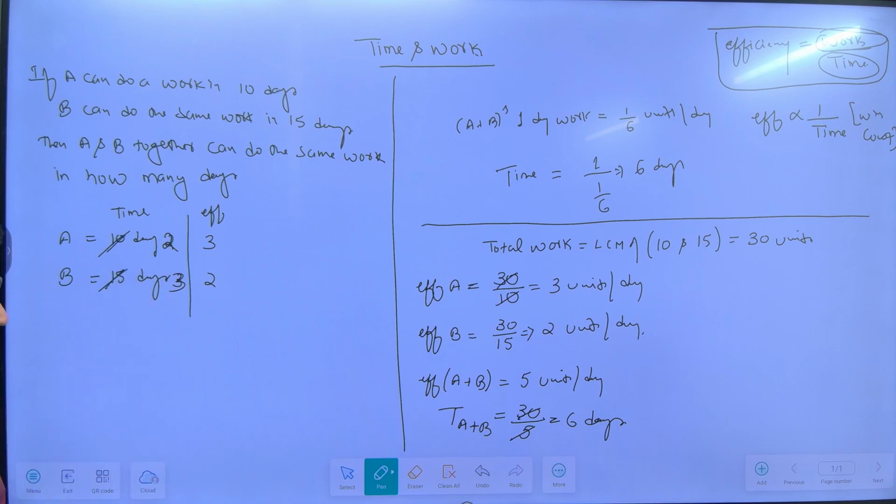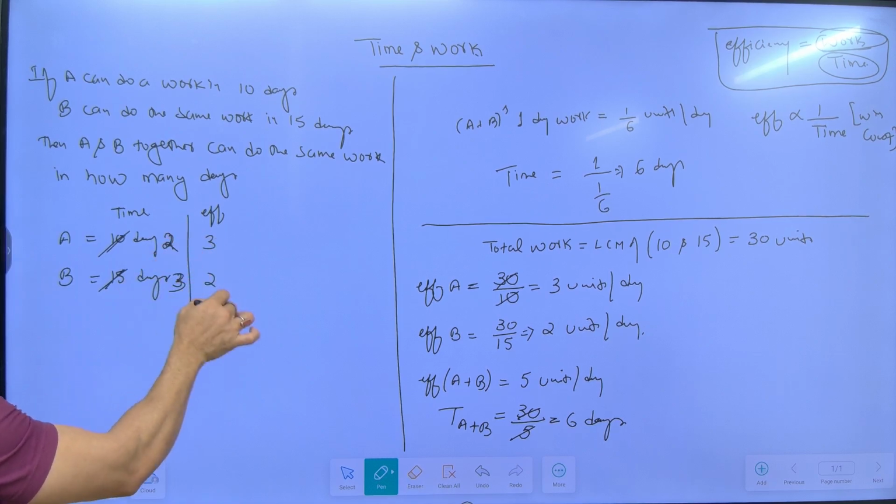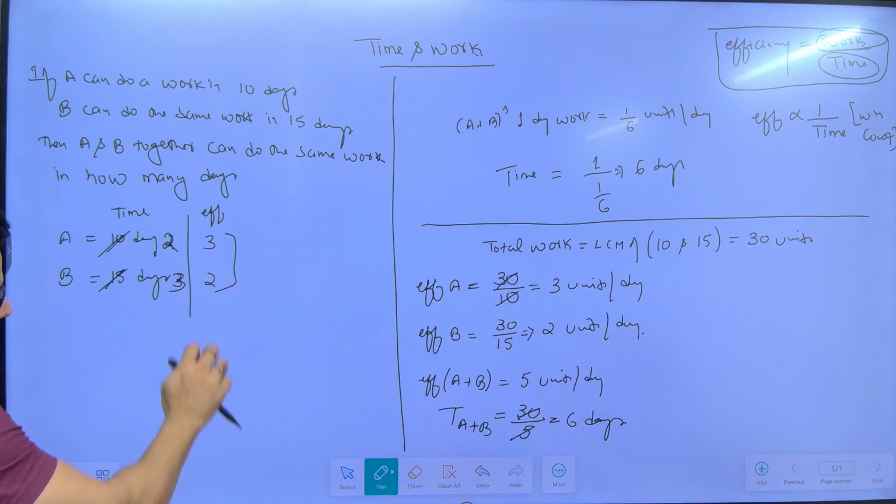Because both numbers can be cancelled with 5. Whatever this ratio, take 3 here, take 2 here. 3 is to 2. I mean, another way of directly finding out the efficiency. The work is constant.